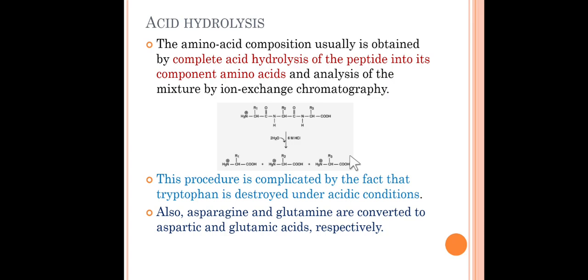That means there is a conversion of asparagine to aspartic acid and glutamine to glutamic acid. This will cause confusion in determining the amino acid sequence. So friends, other methods are used for the complete hydrolysis of the peptide, and this method of acid hydrolysis is used to calculate the number and basic components of the peptide.